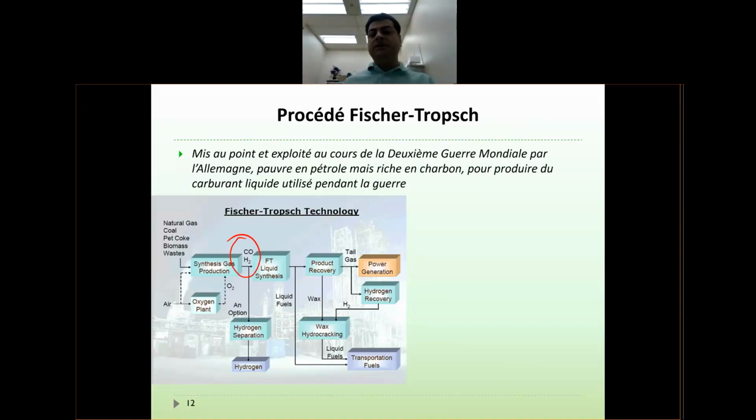So Fischer-Tropsch is the process that was developed by Germany during the Second World War to make fuels. If you remember, last week, I think about 2 weeks ago, we said that one of the products from Fischer-Tropsch is diesel. But you can also make biodiesel from biomass.